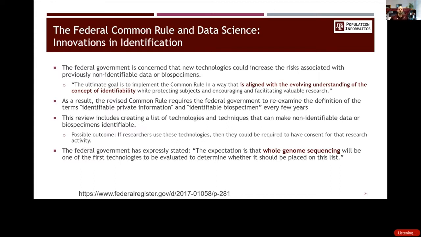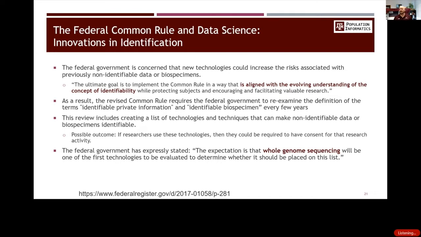And in the most recent 2018 revisions to the federal common rule regulations, the federal government has said that their goal and objective is to adapt these regulations with an evolving understanding of this concept of identifiability, right?